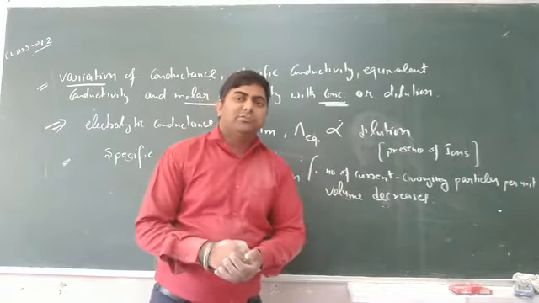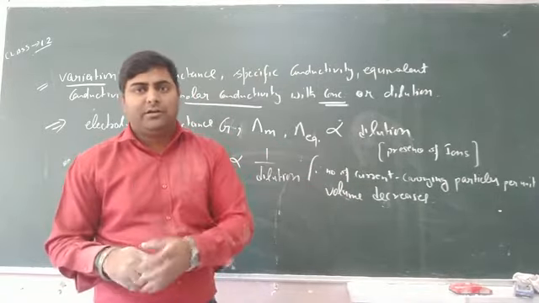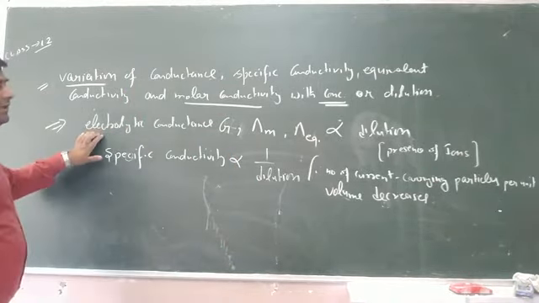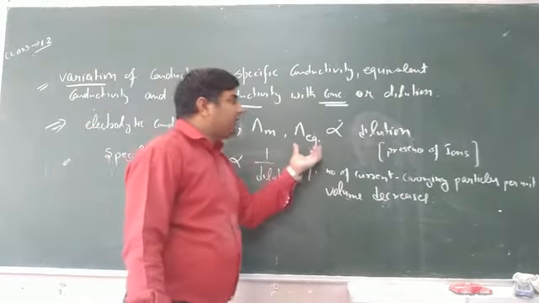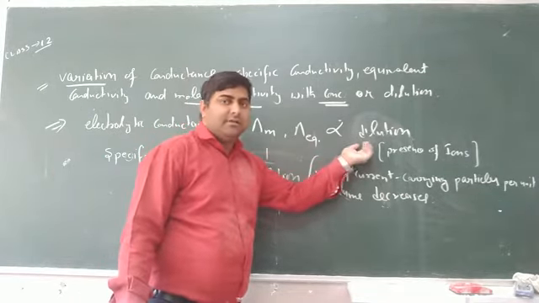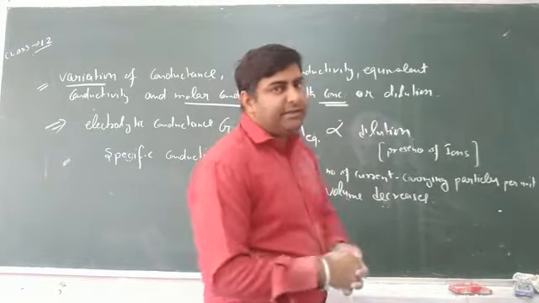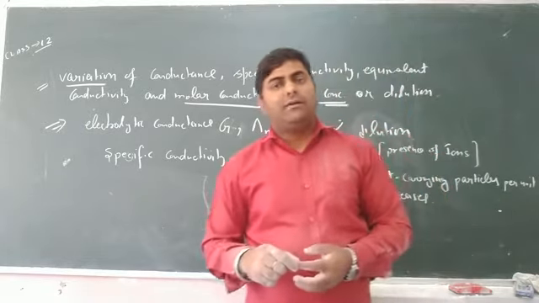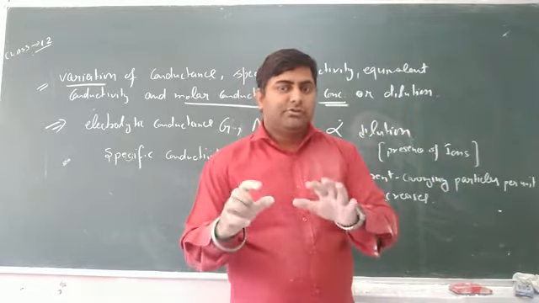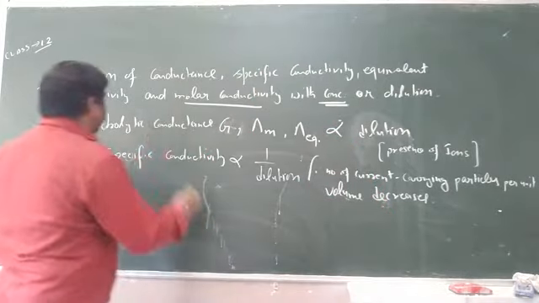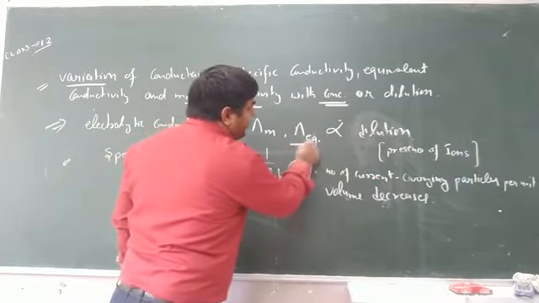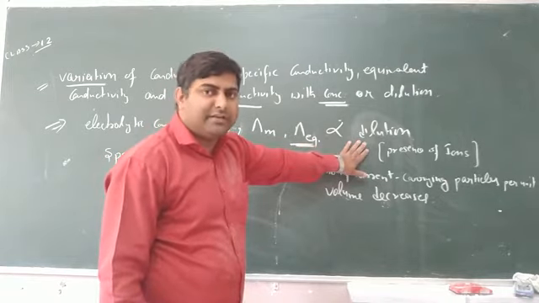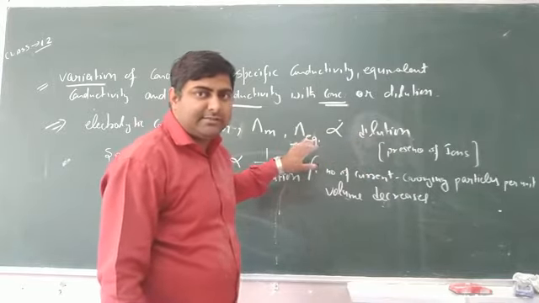When the solution is made more and more dilute, the concentration decreases, hence electrolytic conductance, lambda m and equivalent conductivity increase, because with increase in dilution the number of ions increases as the process of ionization increases. As dilution increases, these three values increase.